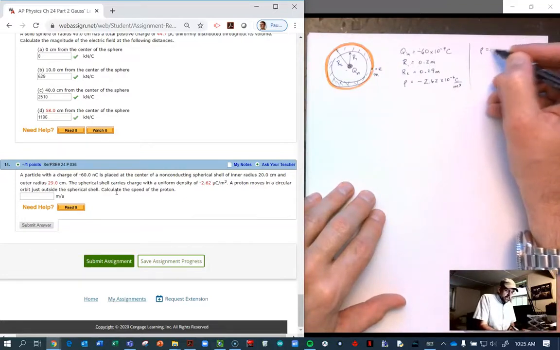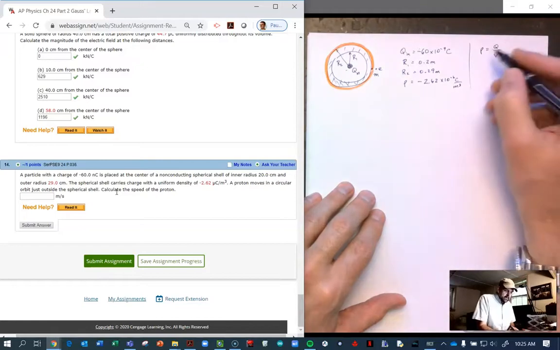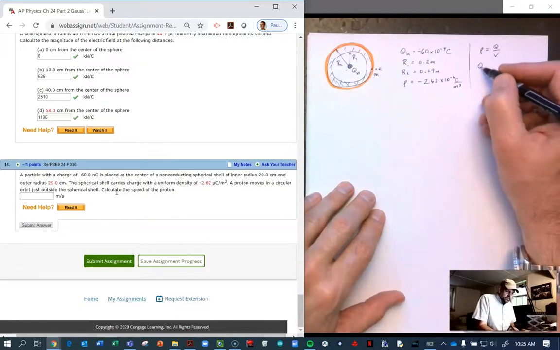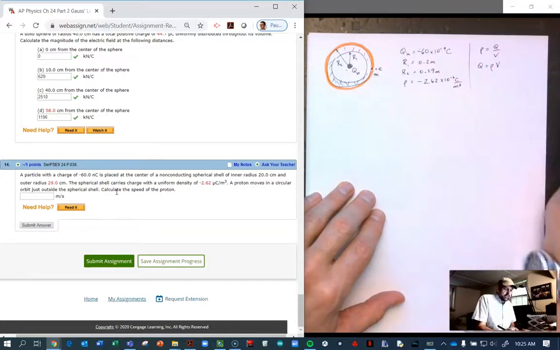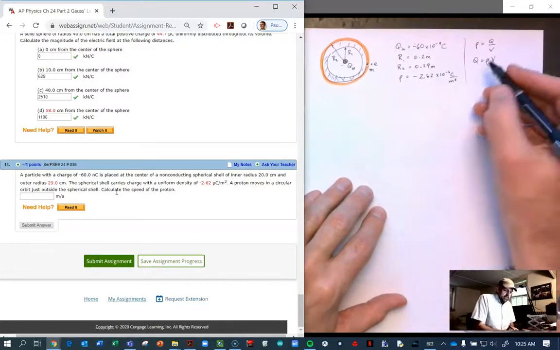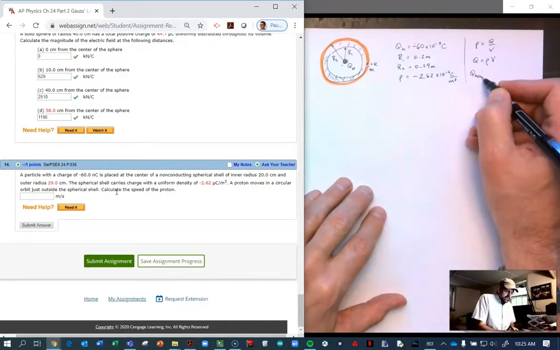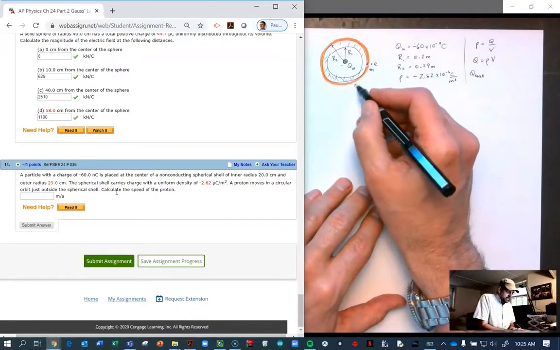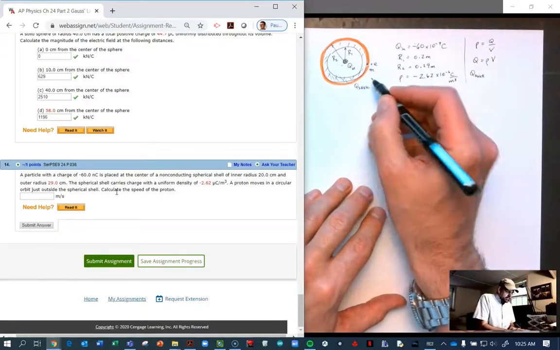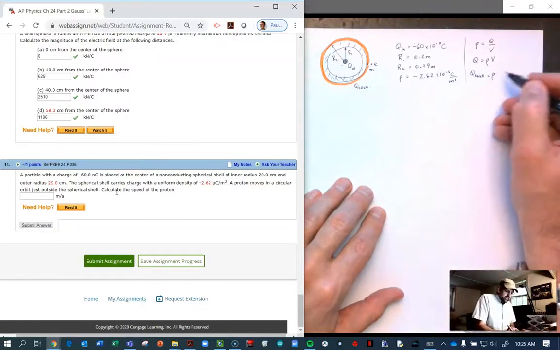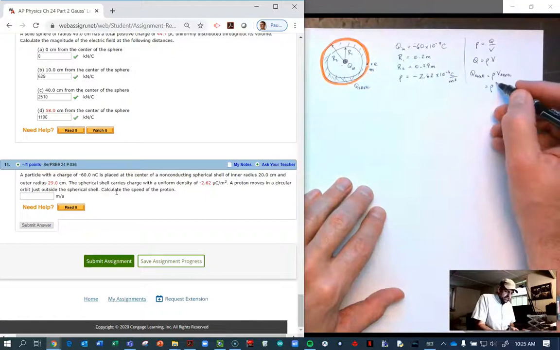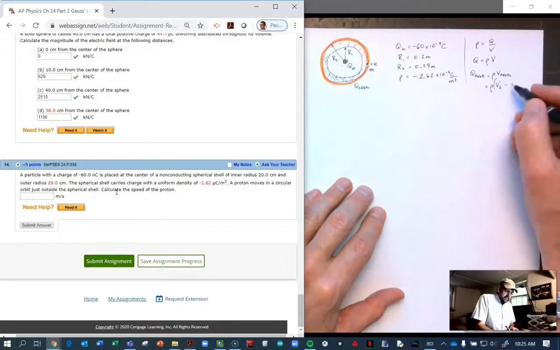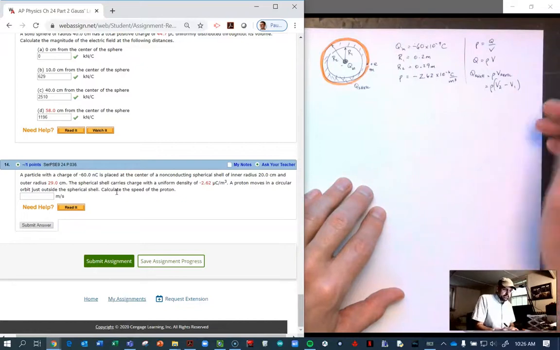We know that rho is the charge density. Okay, and so Q, whatever Q we're looking for, is rho times whatever volume we're dealing with. And what we're looking for is the Q of the shell here. What is the charge Q of the shell? Well, that's going to be rho times the volume of the shell. And the volume of the shell is the volume of the outer sphere, V2, minus the volume of the inner sphere, V1.